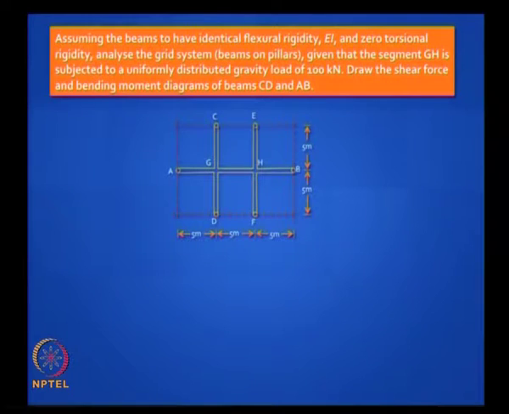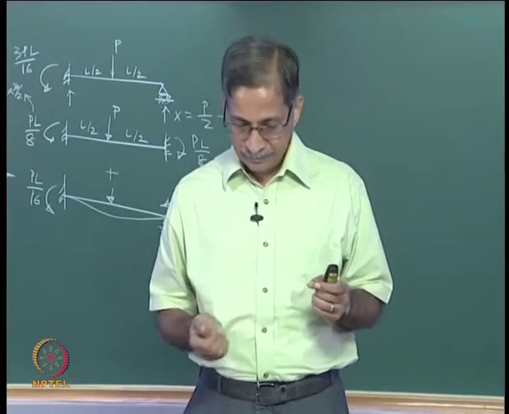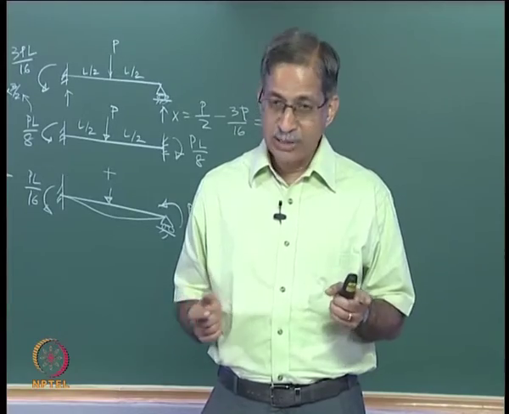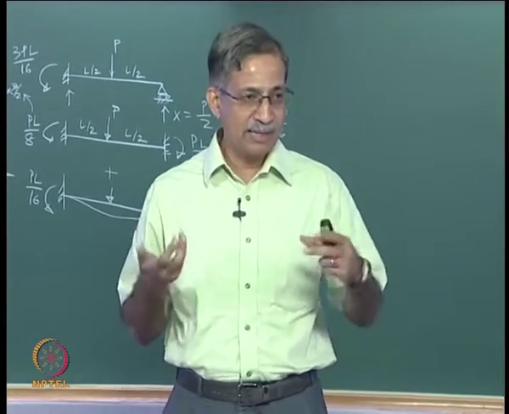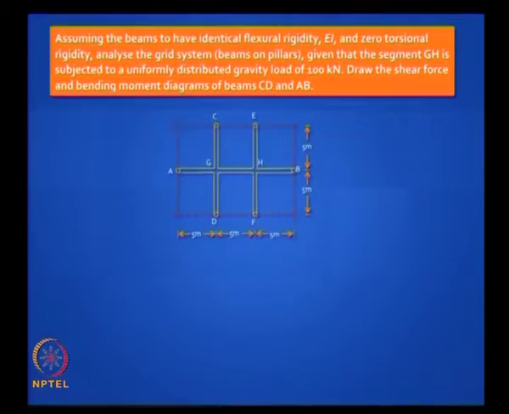So assuming the beams to have identical flexural rigidity EI, which comes from their having the same cross section, same width and same depth, and zero torsional rigidity, which comes from the fact that they are concrete and concrete cracks easily. Analyze the grid system given that the segment GH is subjected to a uniformly distributed load of 100 kilonewton.